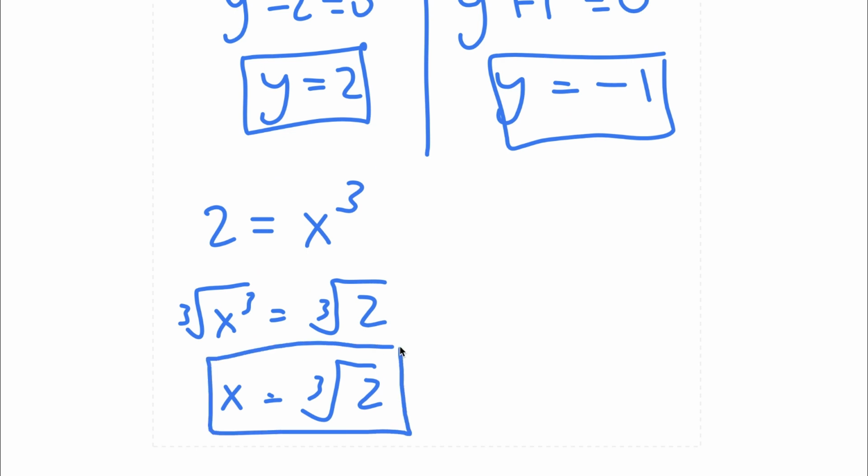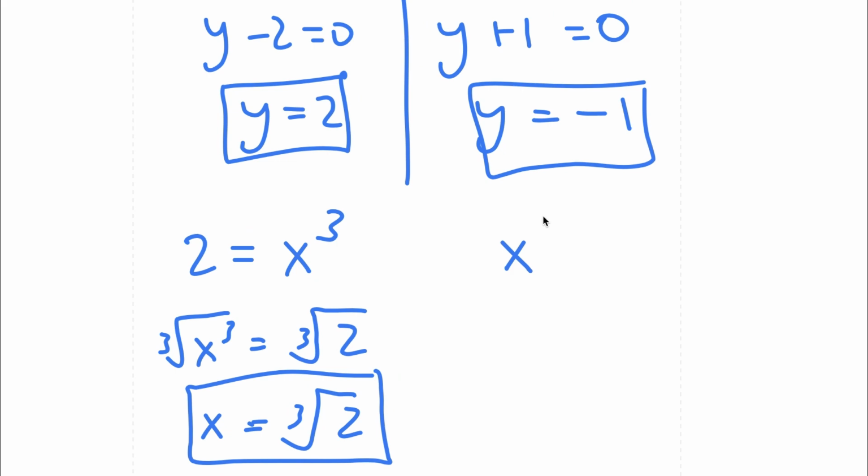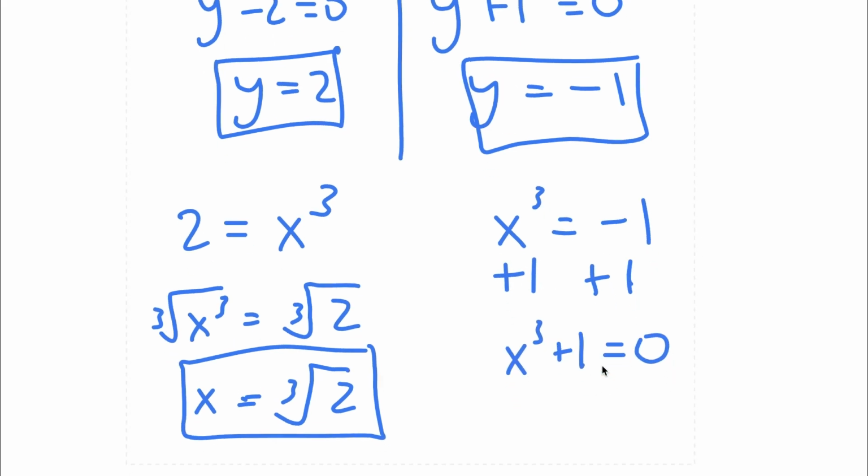So this is one solution of x. Now, if y is equal to -1, then I have x to the power of 3 is equal to -1. So now to solve this, I'm going to add 1 on both sides. So I get x to the power of 3 plus 1 is equal to 0.